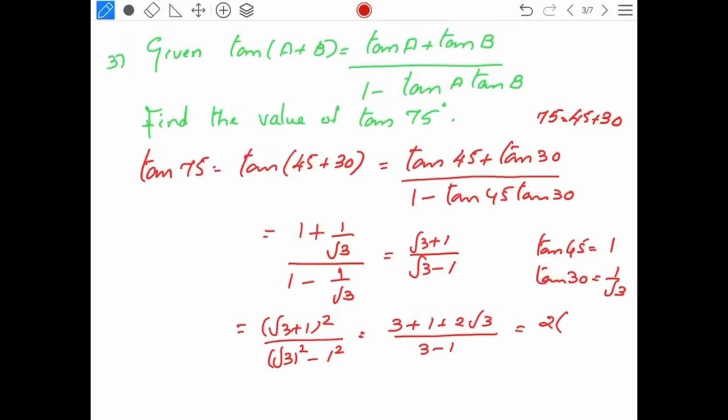So you will get 2 into 2 plus root 3 by 2. So 2 and 2 will get cancelled. You get 2 plus root 3. So the value of tan 75 is 2 plus root 3.